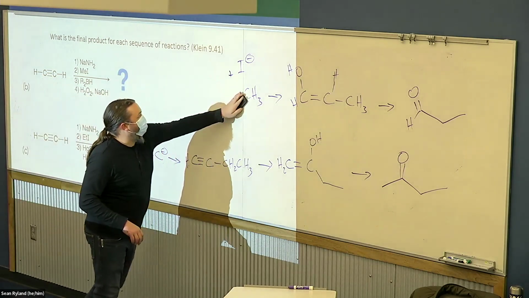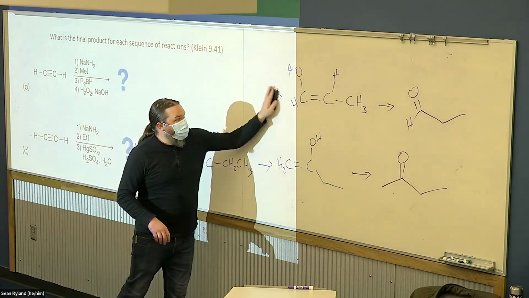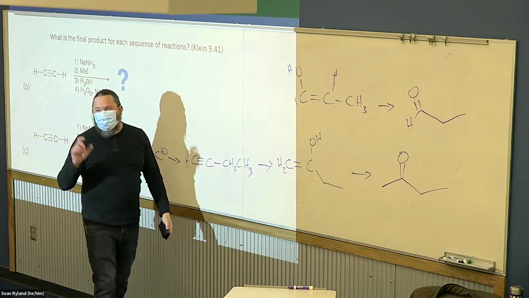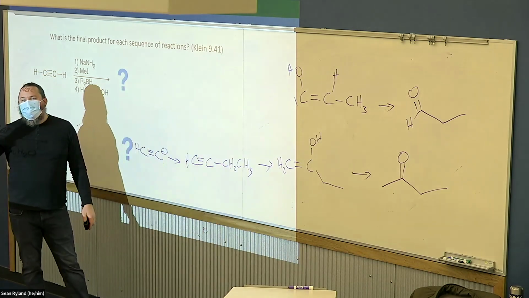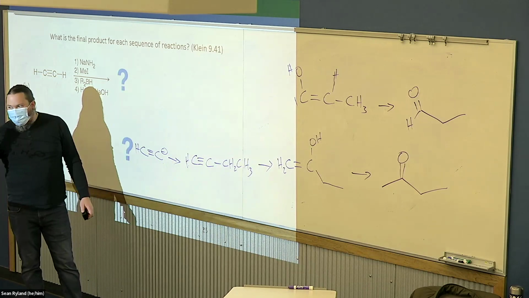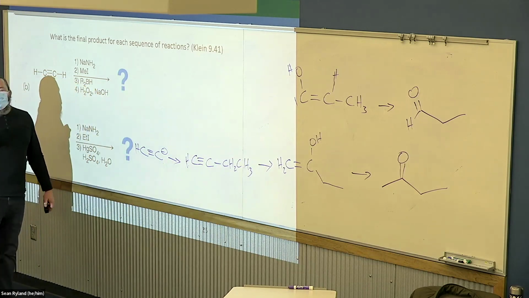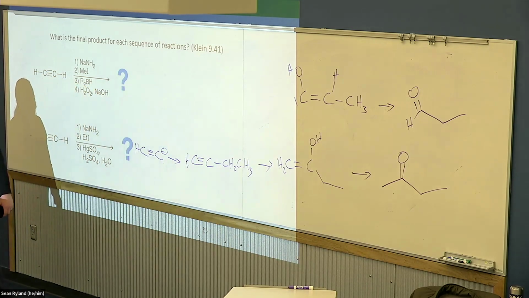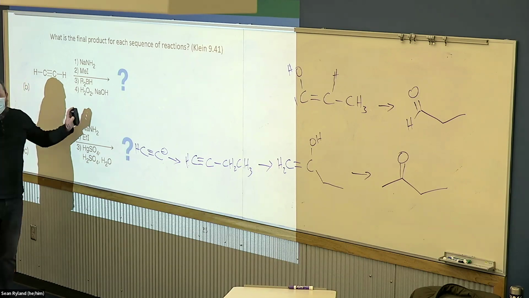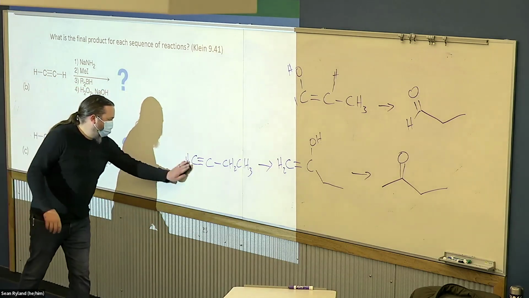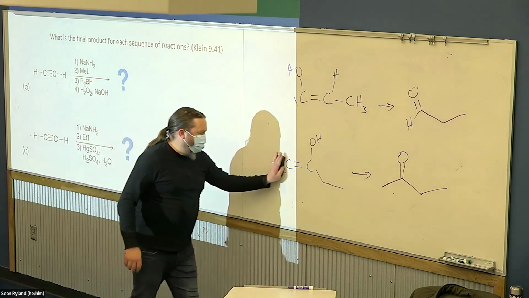Start to remember patterns. Remember what the steps are, and give yourself landmarks. You don't need to memorize every arrow. If you remember this is going to go to a carbocation, how do I make a carbocation out of this? And then from the carbocation, I know I'm going to have a nucleophile attack or a rearrangement. How do I draw the arrows for that? Using those as your landmarks makes it a lot easier.